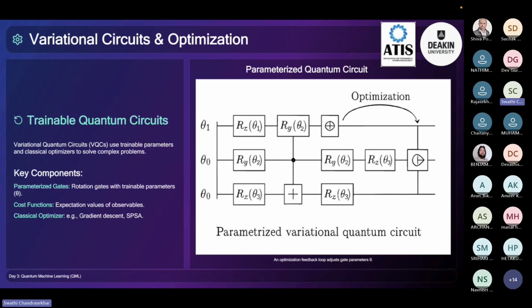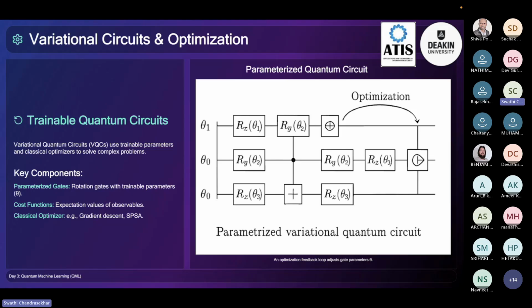The word variational circuit emphasizes the physics side, a circuit whose parameters we vary to minimize an energy or a loss. The word QNN emphasizes the machine learning side, a network of quantum gates that we train, just like a neural net. In other words, every QNN is a variational circuit, and most useful variational circuits can be viewed as QNNs.